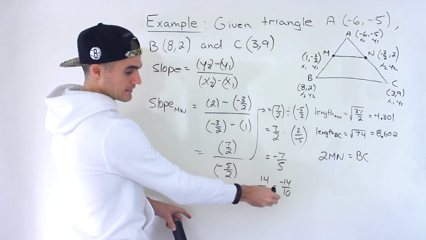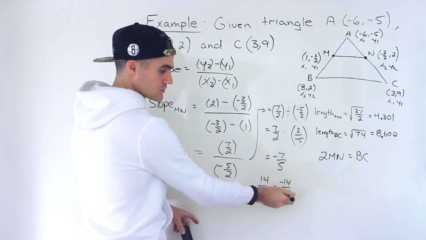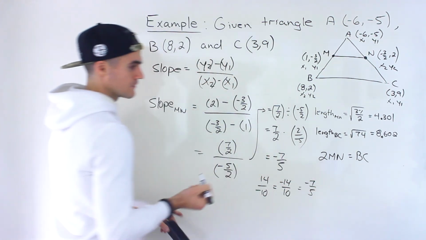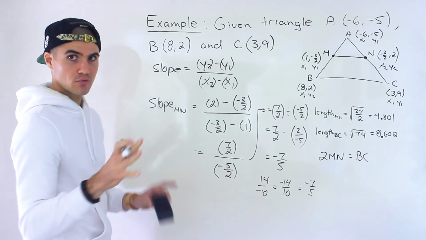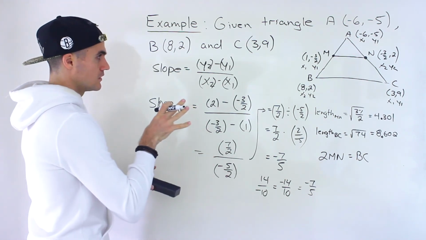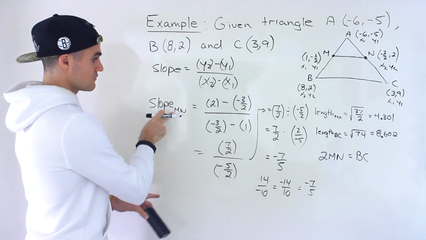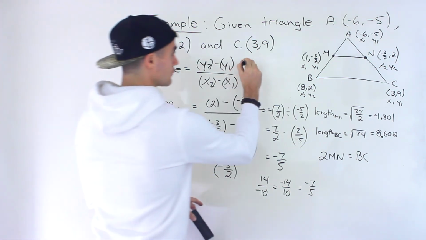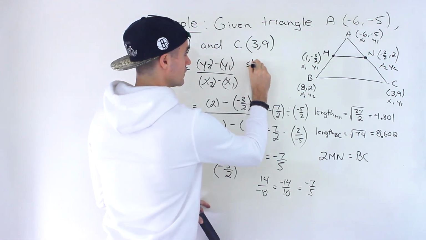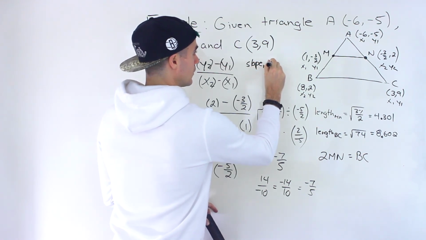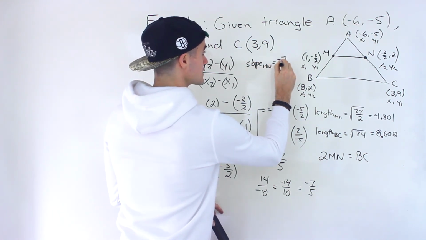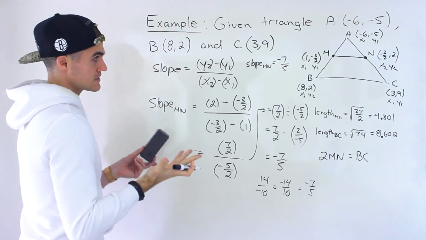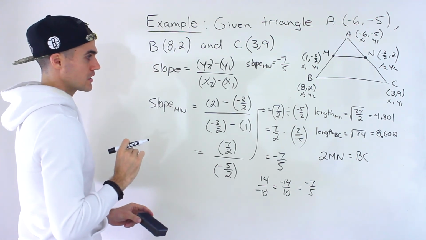And then simplifying that fraction, we could divide this by 2, divide that by 2, which would give us negative 7 over 5. Okay, so whichever way you do it, the slope of MN is equal to negative 7 over 5. So I'm going to write that over here. And then hopefully we end up getting the same slope for BC. And if it's the same slope, then we prove that both of those lines are parallel.